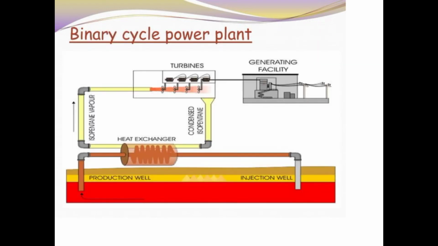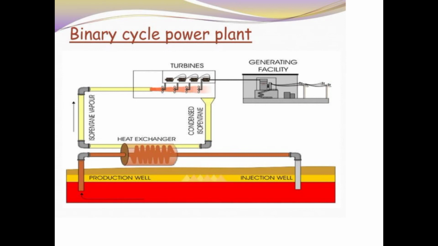Now the binary cycle power plant. You can see here that it is similar, but with the addition of a heat exchanger, and through the heat exchanger the heat is exchanged with the other circuit. This is a closed circuit, and there may be another gas; in this one we have used isobutane vapor.